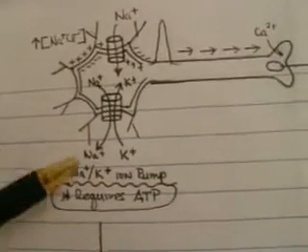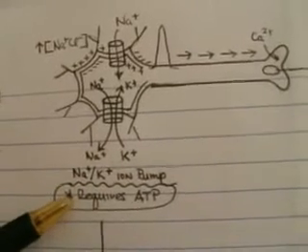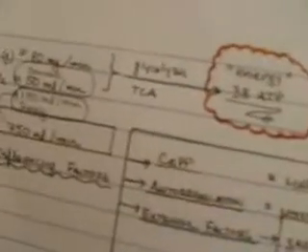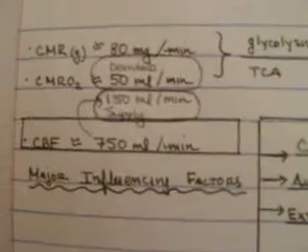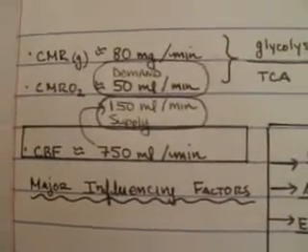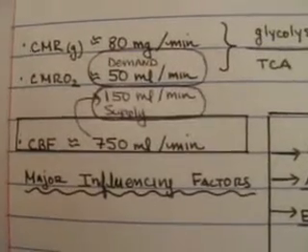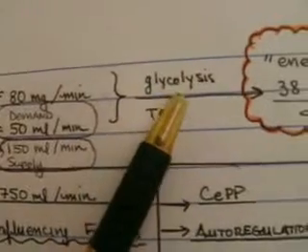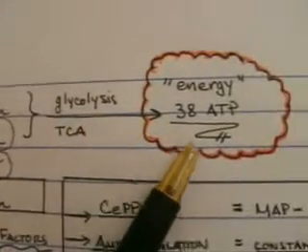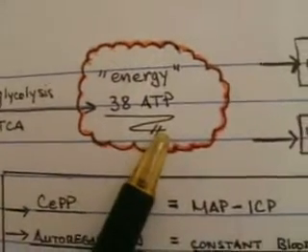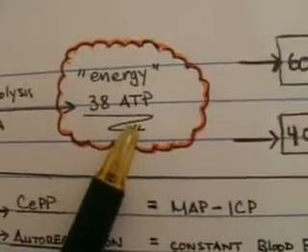And we'll see that it requires energy, and that energy is in the form of ATP. So if we look back at the beginning premise, the brain requires approximately 80 milligrams of glucose per minute and about 50 mLs of oxygen per minute, which allows the brain tissue to use glycolysis and TCA to form approximately 38 ATP for every glucose molecule oxidized.